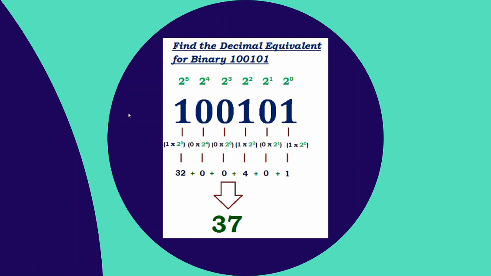So here you have 100101, and you can see that you have to multiply the binary numbers with 2 to some powers. And then at the end, you have to add everything up. So in this example, you add everything up and you get 37. So that means 100101 in binary code is equivalent to 37 in decimal numerical system.